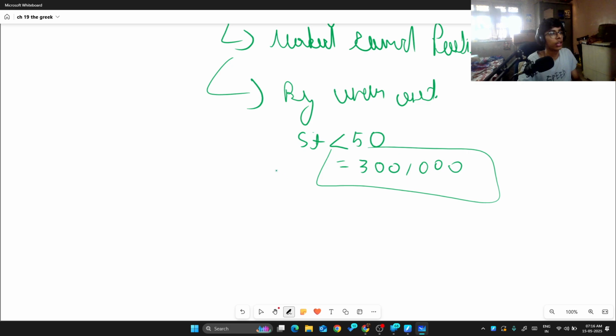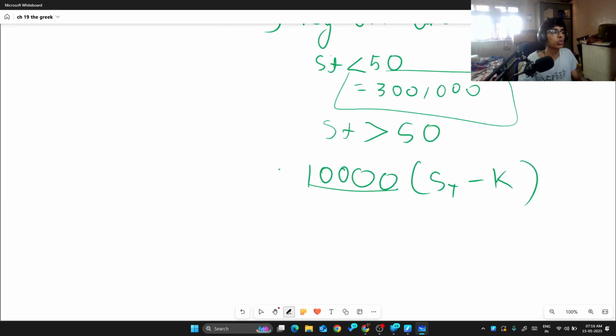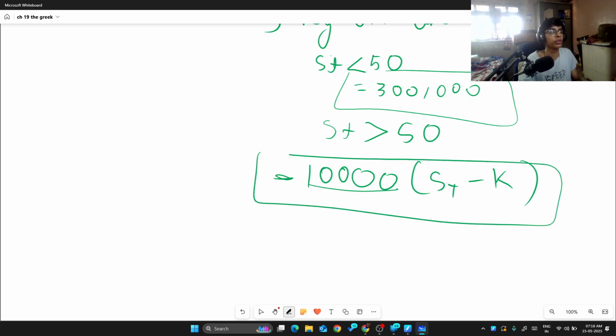If ST is bigger than our strike price, then our total loss would be this multiplied by ST minus K. We can't afford to lose this much because our price has gone up.